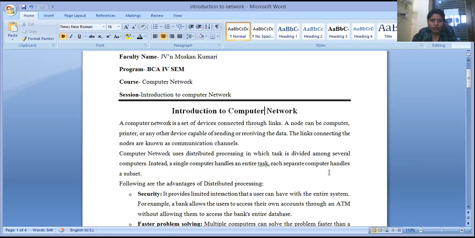So what is a computer network? It is a set of devices connected through links.